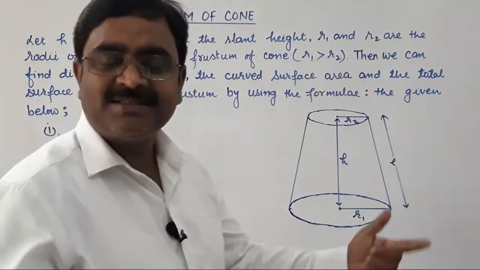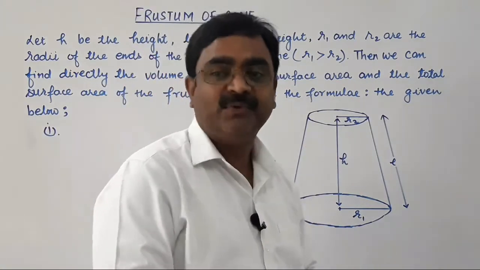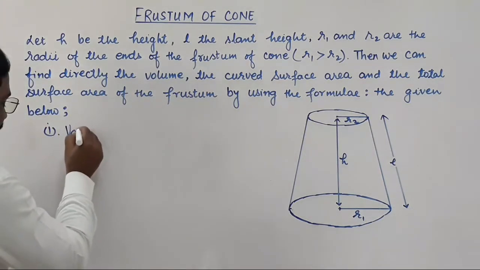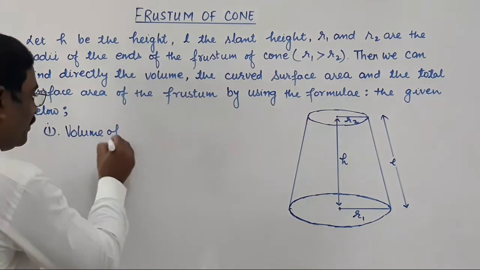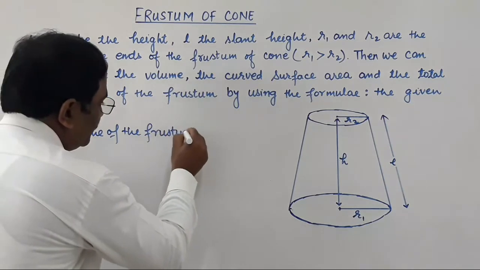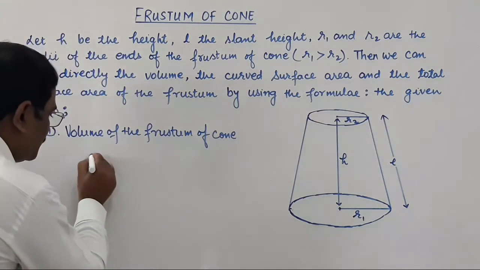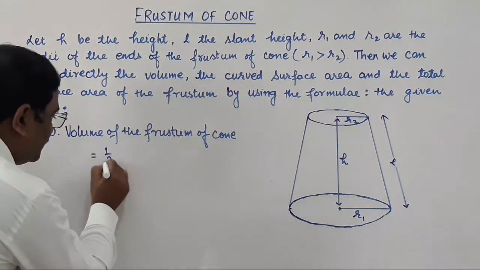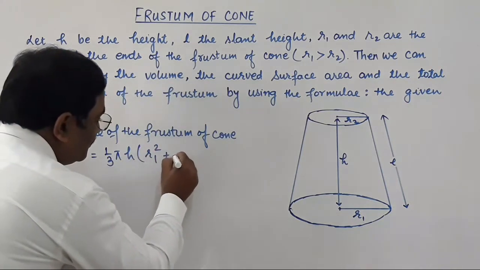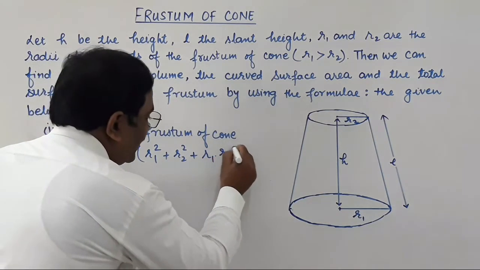Okay friends, so let's see how to find directly the volume of this frustum of cone. The formula is: volume of the frustum of cone is equal to 1/3 pi h into R1 square plus R2 square plus R1 into R2.